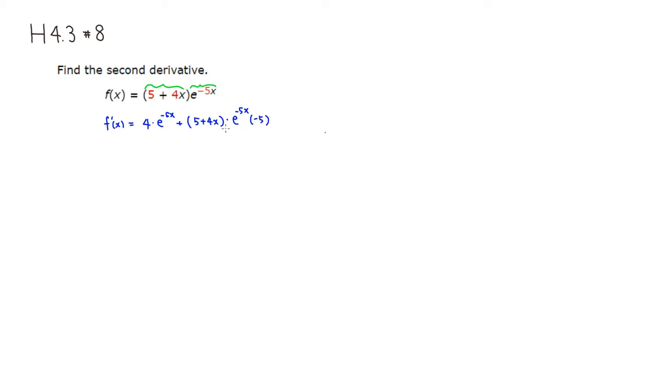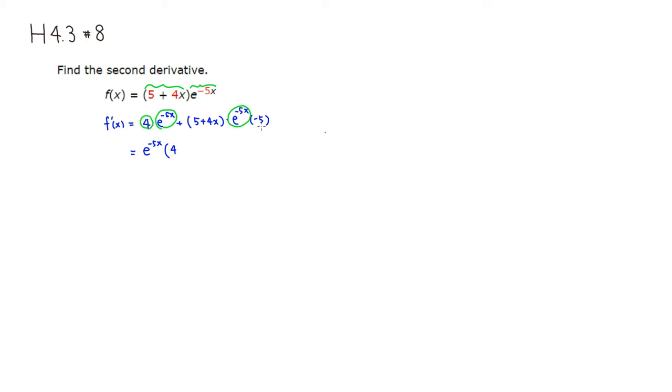Then I'm going to collect the common factor. Here you have e to the negative 5x and e to the negative 5x, so I'm going to pull that out. You have e to the negative 5x, then what's left over is 4, which takes care of this guy.